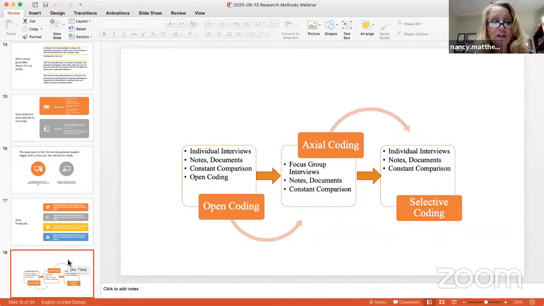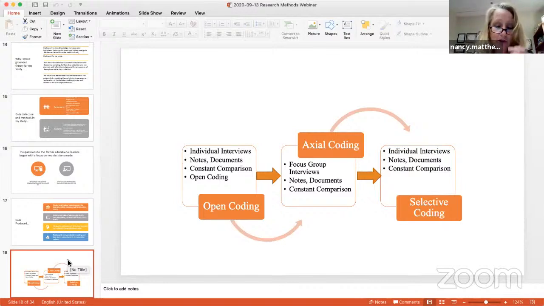And of course, through that, as you can see there with notes and documents, a collection of documents were continued to be analyzed as they related to decision making and implementation, and personal notes that were taken as well were analyzed. So through open coding, I constantly compared the individual and focus group interviews and the notes and the documents. And from that, 22 provisional categories emerged.